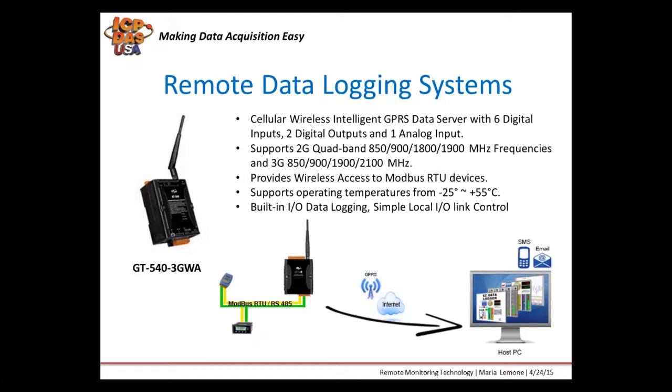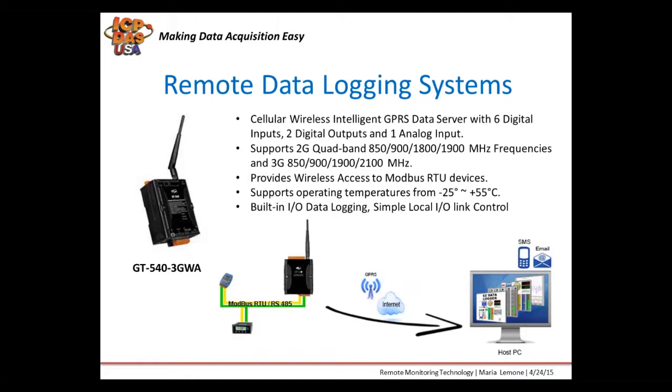It features 3G WCDMA module, 6 digital inputs, 2 digital outputs, 1 analog input, 1 RS-232, 1 RS-485, and an SD interface. So it can be used in M2M application field to transfer the local I/O or Modbus data server via GPRS by the defined period of digital in, analog in triggers.